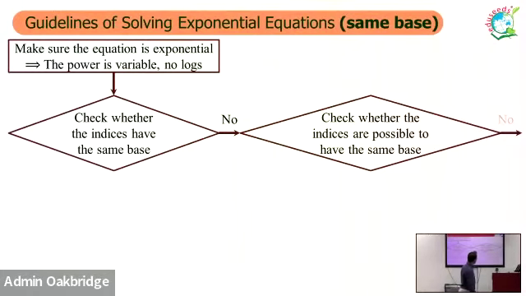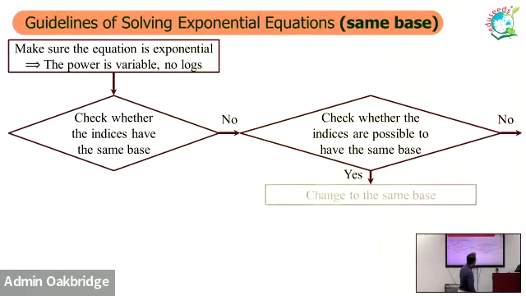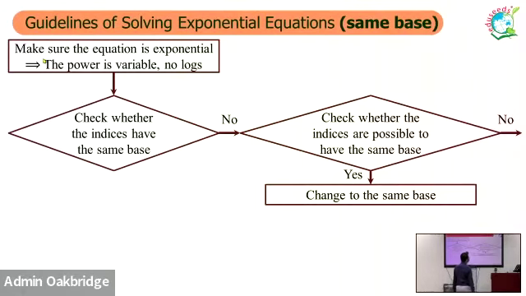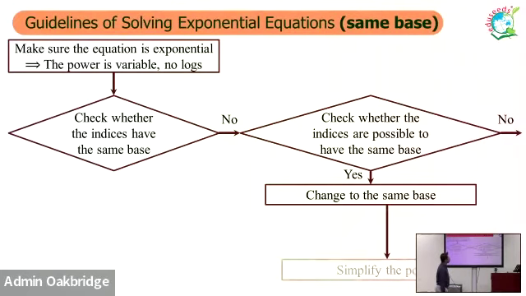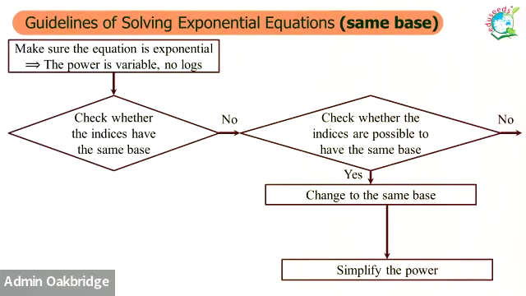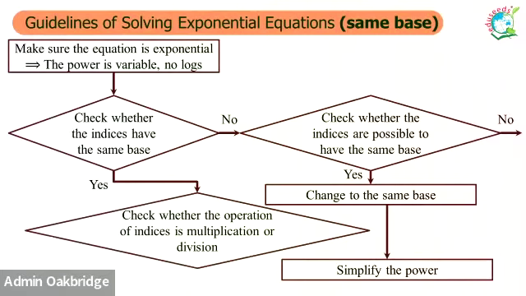So if they are possible to have the same base, then you can proceed to change to the same base. We will see how if they are not possible to have the same base. We will see this one in another case. Okay. So, after you change to the same base, you simplify the power. With this one, if they have the same base, then you have to check the next thing: whether the operation of the indices is multiplication or division.